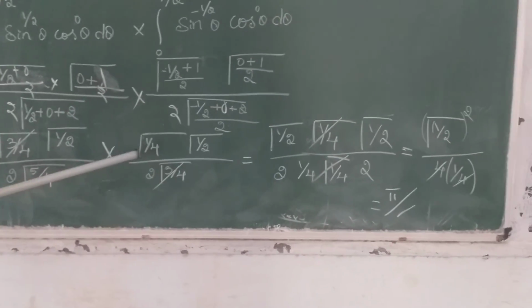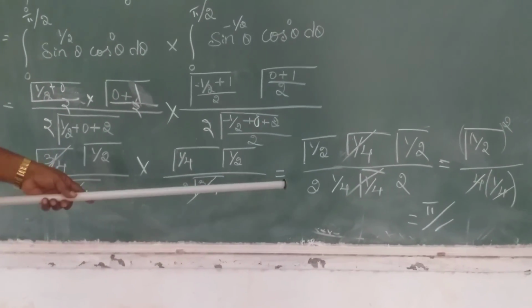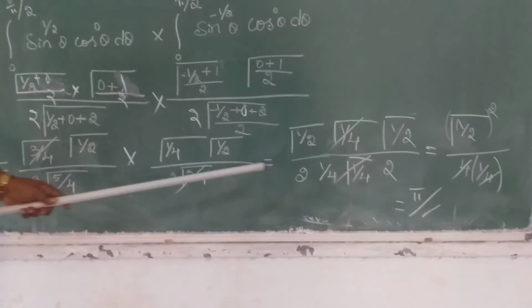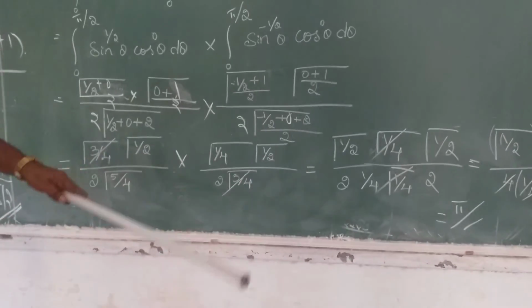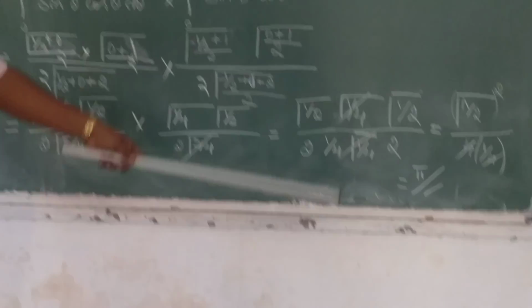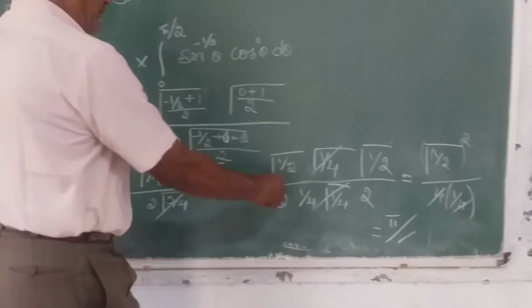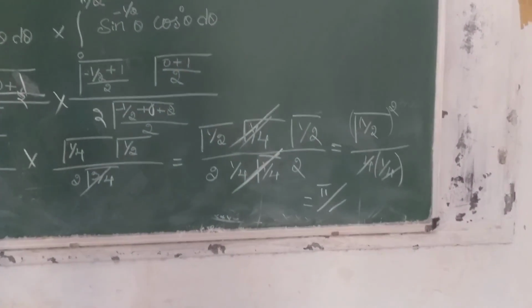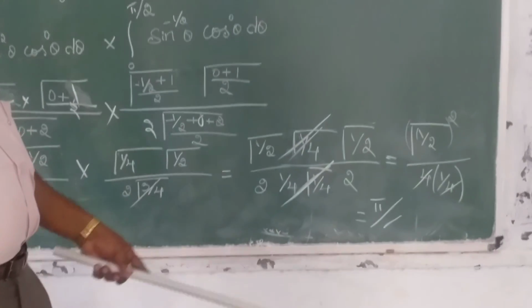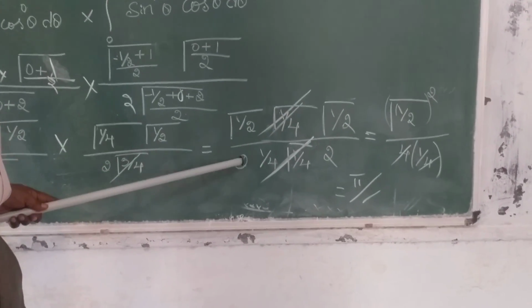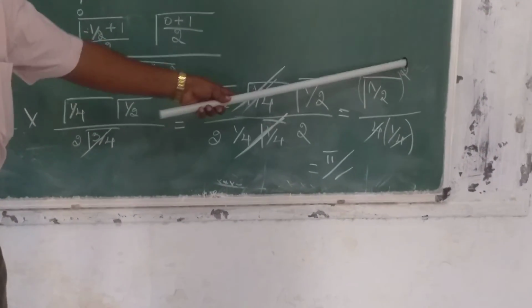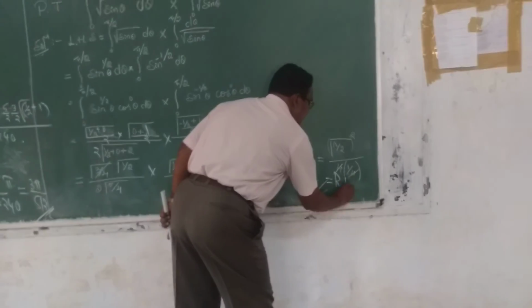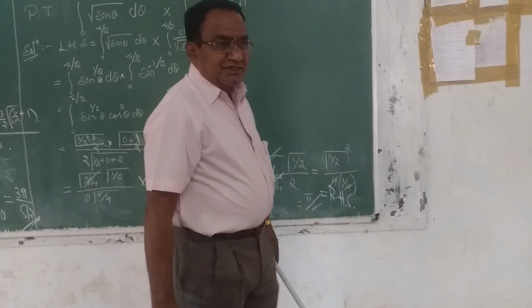Which is nothing but pi divided by 2 into, this can be written as 1 by 4 into gamma 1 by 4, because gamma 5 by 4 may be written as 1 by 4 plus 1. So it is 1 by 4 into gamma 1 by 4, so that this gamma 1 by 4 cancels. Gamma half whole square is nothing but pi. 2 into 2 is 4, it is 4 into 1 by 4, and this 4 cancels. Gamma half whole square is pi. That is your required RHS here. Is it right?